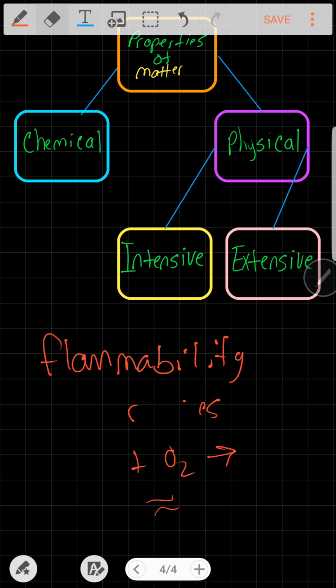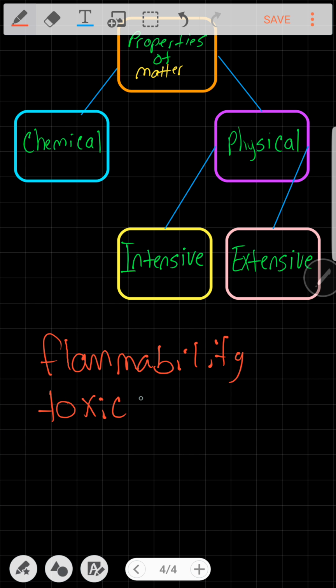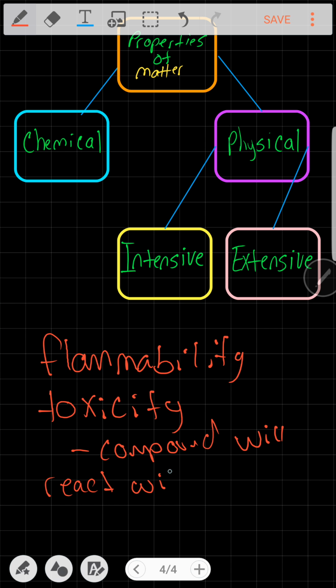So, another chemical property would be how toxic something is. Well, what do we mean by toxicity? We're talking about how a compound will react with important compounds in our physiology, important compounds in our body.